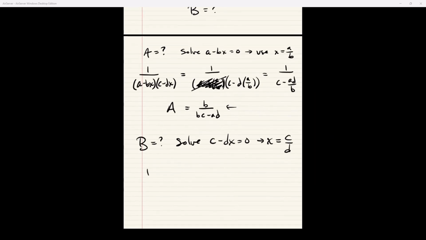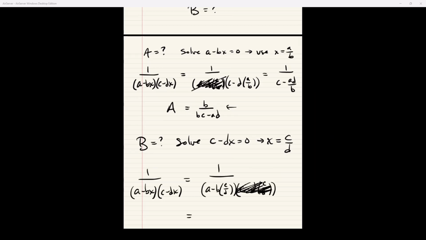So let's return again to that left-hand side. It's a minus bx and c minus dx, and we just do it again, this time plugging in x equals c over d. So it's a minus b times c over d, multiplied by c minus d times c over d. Of course, I know that's 0, but in this cover-up method, I can just cross that out.